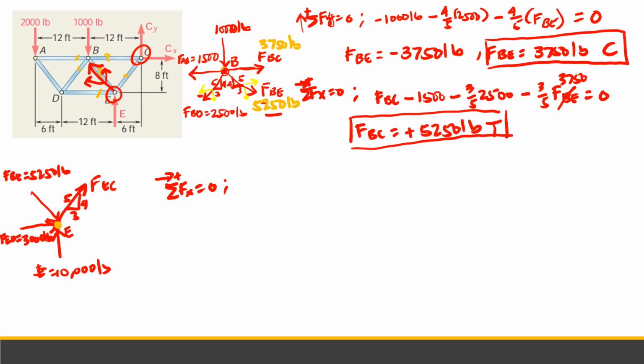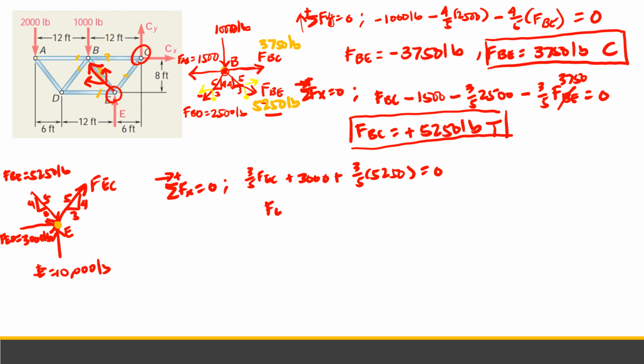So we'll start with EC. The x component of FEC is 3 over 5 FEC, plus force ED, which is 3,000 pounds, plus the x component of force BE. So that is 3 over 5 of 5,250 pounds, the value of BE. So that is equal to 0.